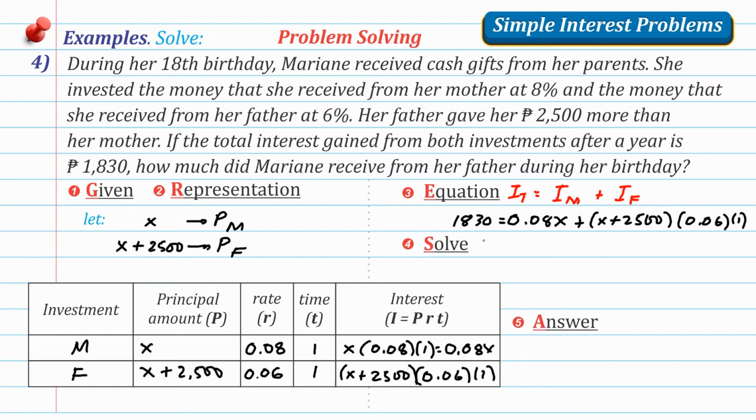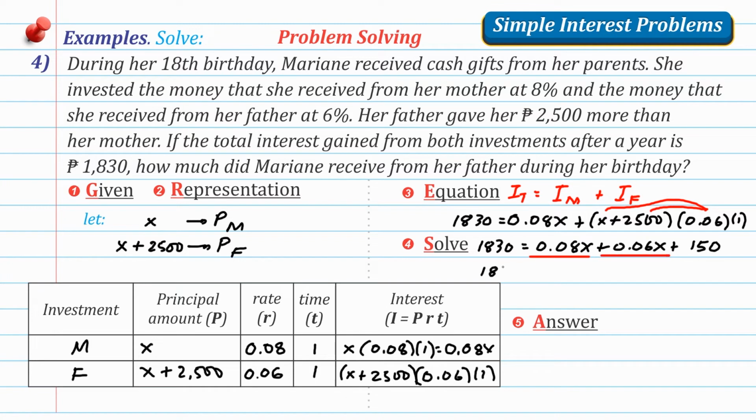Simplifying the right side, let me copy. 1,830 is equal to 0.08x. So, multiplying, we have to distribute 0.06 to x and 0.06 to 2,500 because 1 is just 1. So forget about that. So we have 0.06x plus, what is 0.06 times 2,500? It's 150. Okay, combining like terms, this one and this one.